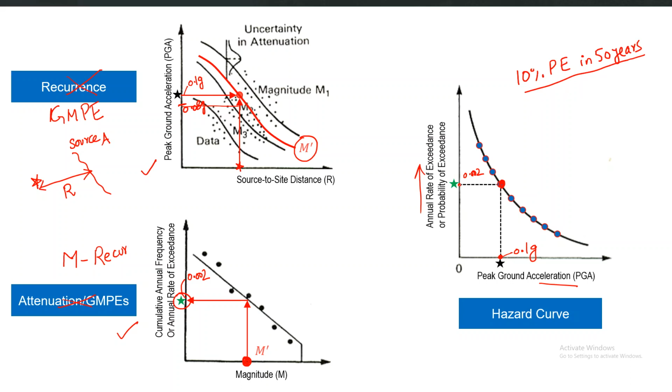So you already know the definition of your hazard when you have to use this curve, and then you can just pick the peak ground acceleration corresponding to your definition. So for 2% probability of exceedance in 50 years, the number will be lower here and therefore the PGA will be higher. So that's how you will first construct the curve, and then it will be used to describe the complete picture of seismic hazard at your particular site.